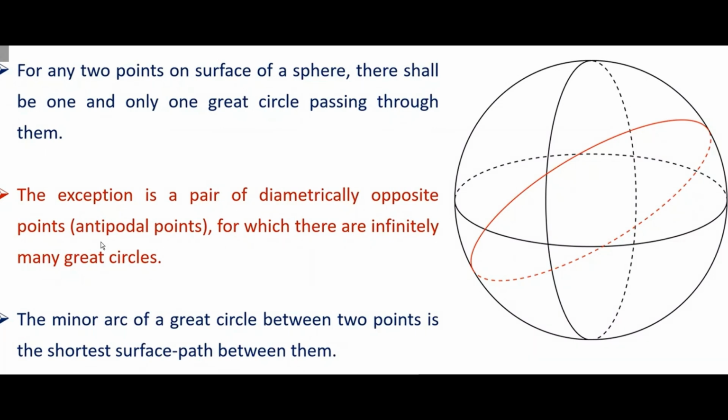All the meridians or longitudes which we have, 0 to 180, east or west, are great circles passing through both the poles. So poles are antipodal points, and an infinite number of great circles can pass through them. If 2 points are not diametrically opposite, then only a single great circle will pass through them.